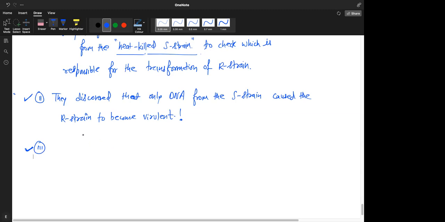Okay, so they used proteases. You know what are proteases? People, proteases. Proteases are protein digesting enzymes.